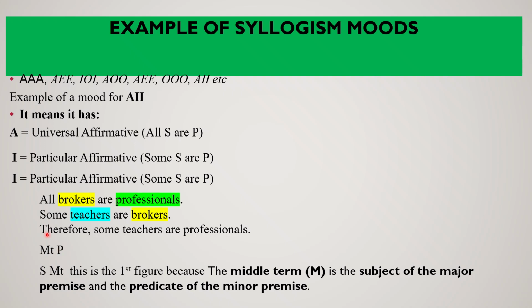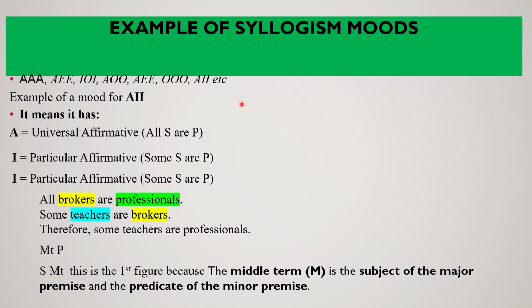The middle term is denoted with MT, and the predicate is denoted with P. This is the first premise, MT, P. In the second premise, we have subject and middle term, S, MT. If you remember keenly what we talked about in the last PowerPoint on position of the figures, this is the first figure, because the middle term is the subject of the major premise and the predicate of the minor premise.